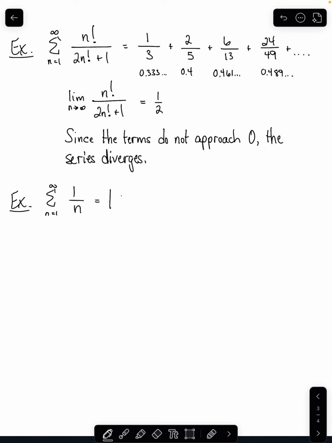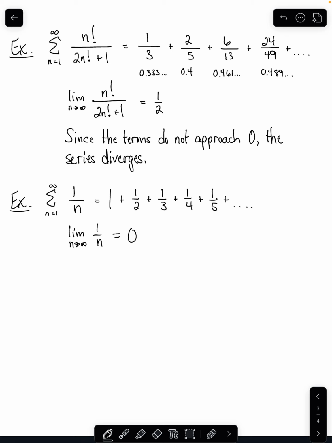The terms of this series would be 1 plus 1 over 2 plus 1 over 3 plus 1 over 4 plus 1 over 5, etc. Now, in this case, the terms are getting smaller as we go. That is pretty clear to see. The limit as n approaches infinity of 1 over n definitely is 0.